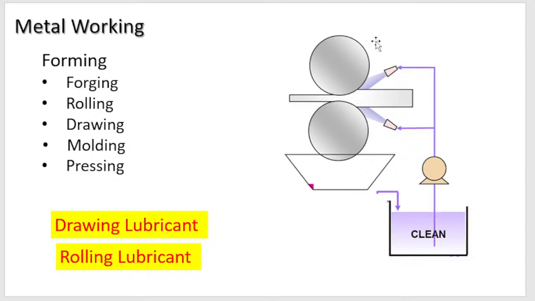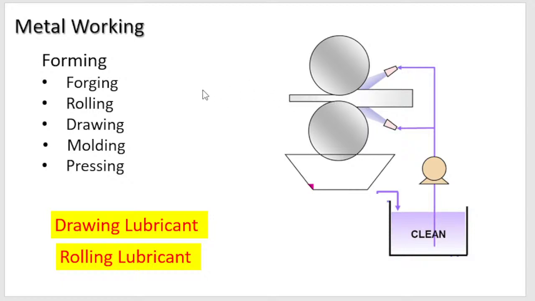Drawing is kind of similar to this. Drawing is where you have a bigger piece of metal, and the difference is that when you're rolling, you're pushing this metal into this area here. In drawing, you're pulling the metal from this side, and as you pull, you're stretching it.